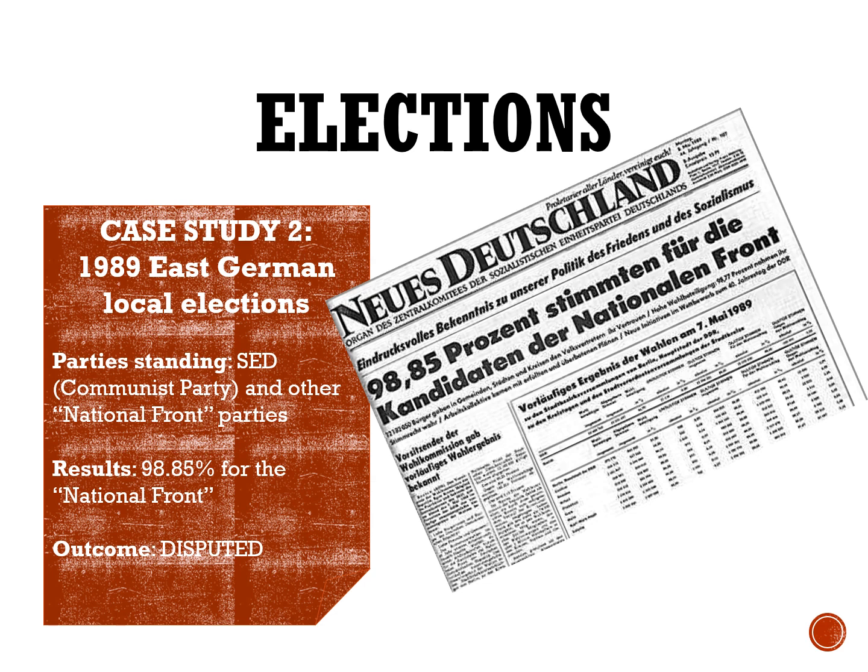And this outcome was disputed. People actually went out onto the streets and they said, we disagree with this result. We don't think that the Communist Party should have won this election. And we want free and fair elections where, in fact, any party can stand and they don't have to be part of this National Front.